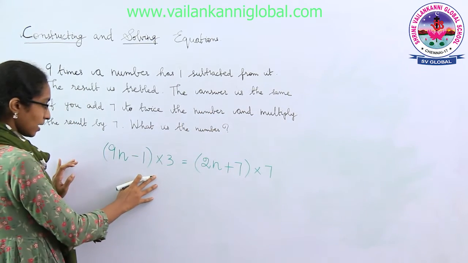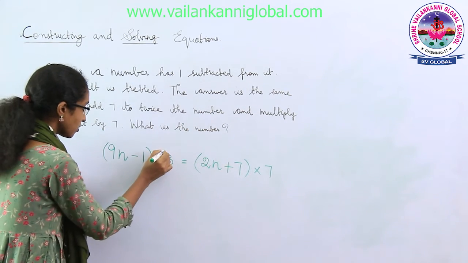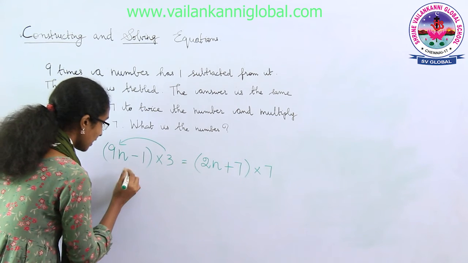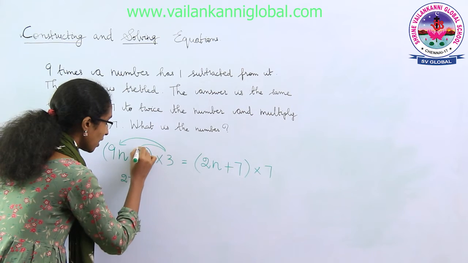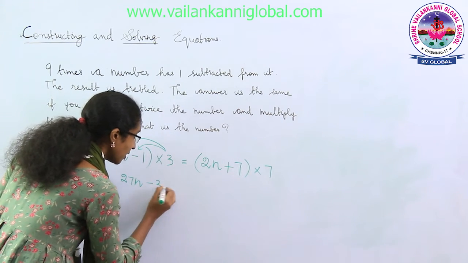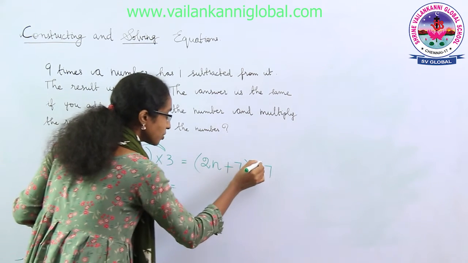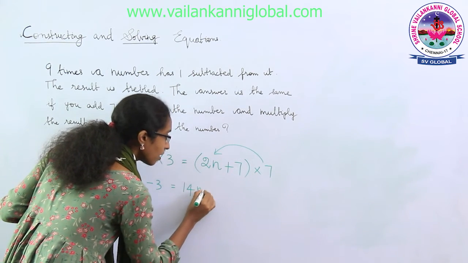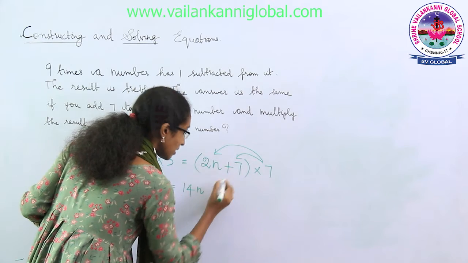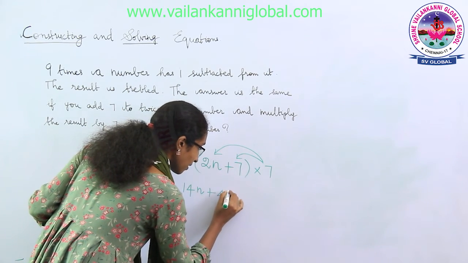So now again apply the distributive property. So 3 multiplied with 9n gives us 27n. 3 and minus 1 gives minus 3. That is equal to 7 multiplied with 2n gives 14n. And 7 7s are gives us 49.